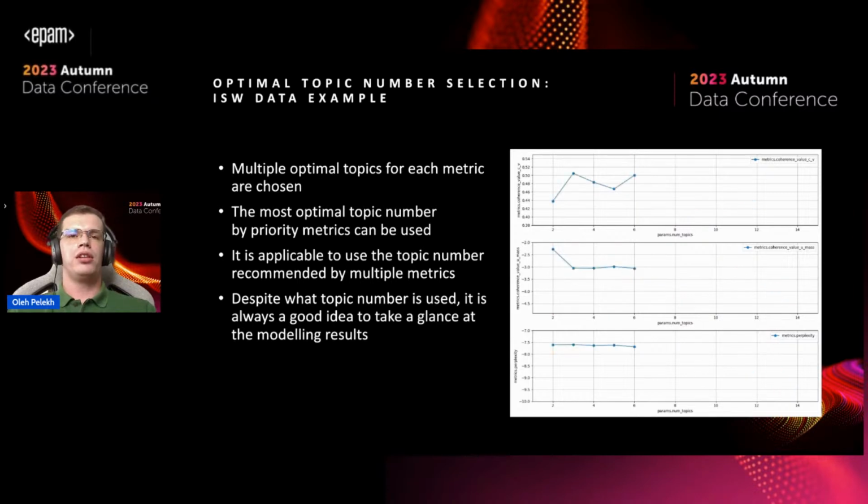Once we identified local optima for each metric, we then have the luxury of choice. We can pick the best value from these findings for each metric, and it allows us to prioritize based on the specific needs. So whether it's a value recommended by CV coherence score or a combination of metrics, our approach ensures that we are making informed decisions.